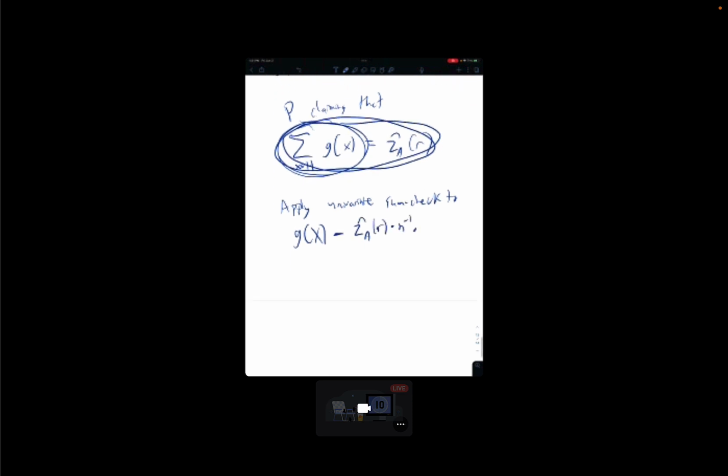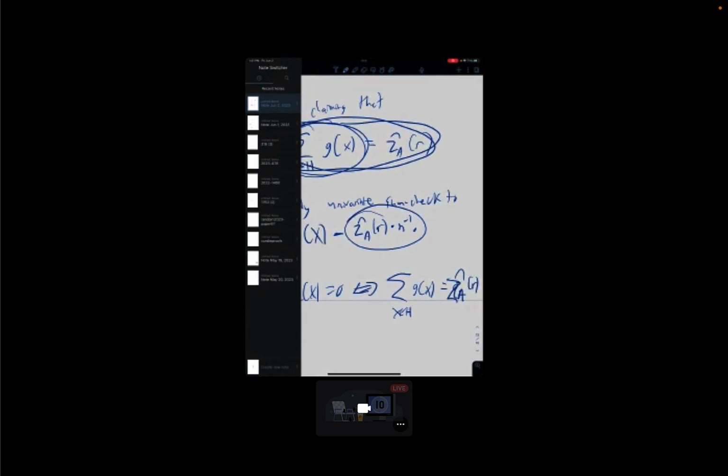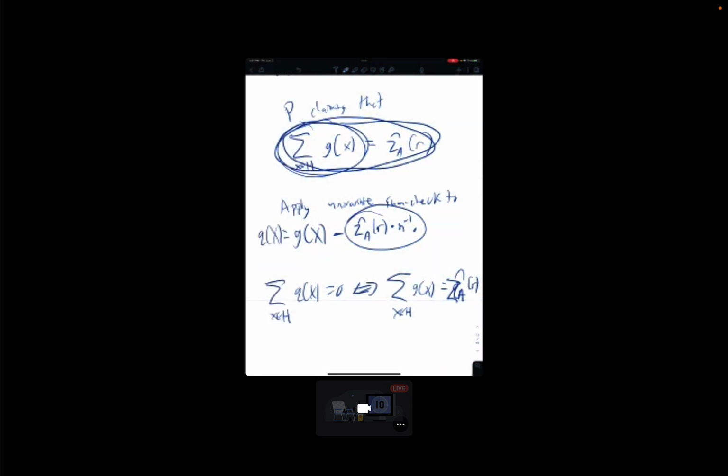We're doing this because if I call this Q, the sum over all nth roots of unity of Q equals zero if and only if the sum over all nth roots of unity of G is ZA hat of R. So I just define this term specifically so that, when I sum it all up over the nth roots of unity, well, there are n of them, so summing n times cancels out the n inverse, and what's left is ZA hat of R. So it's just a little bit of algebra happening.